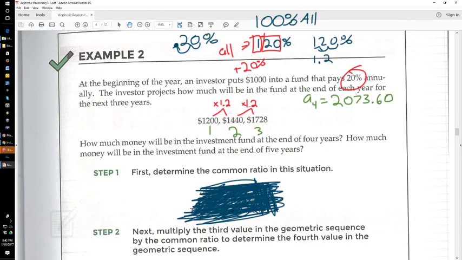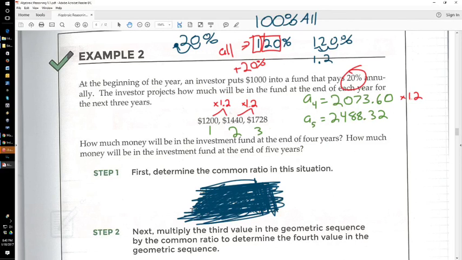So for 5 years, A at 5, we take the one before it, and we multiply it by 1.2. So take your 2073.6 and multiply it by 1.2. And you get 2,488.32. That is how much is in the investment fund after 4 years.